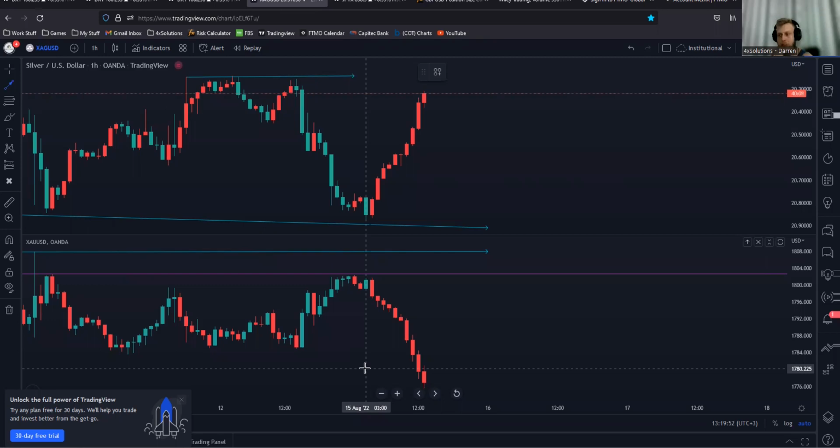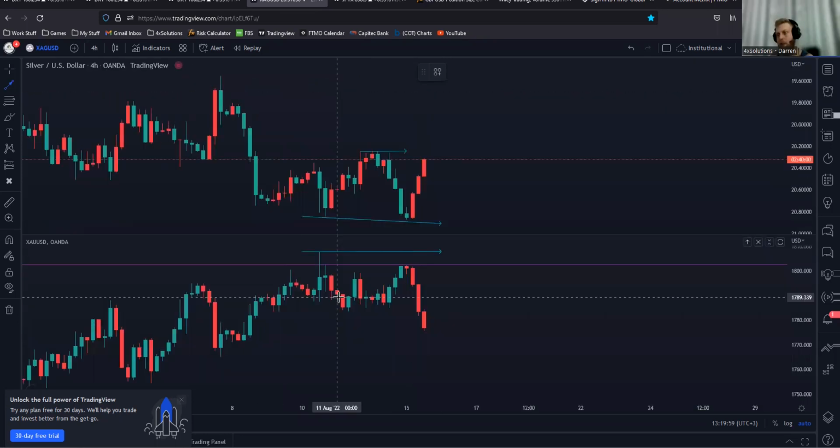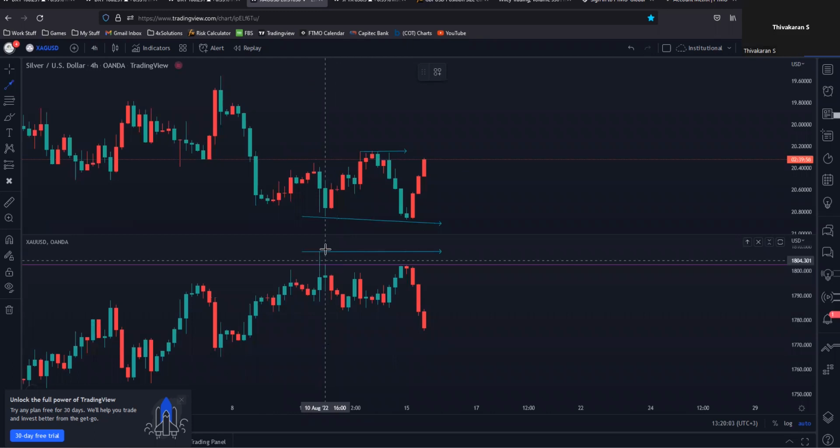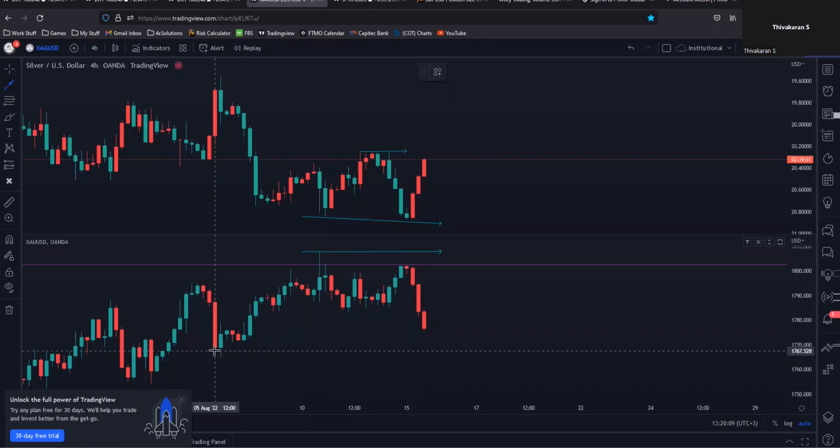Okay, so the only time I would ever consider buying gold right now is when it gets into some kind of deeper discount at a particular range low. It's come from this high over here, and of this high, this is the low.